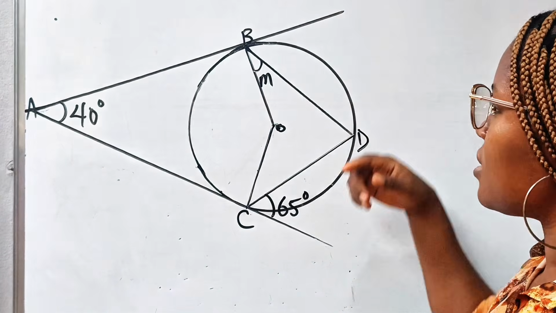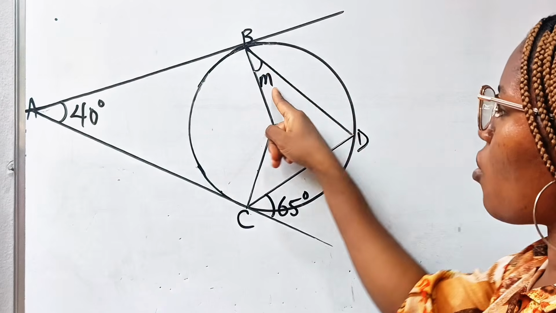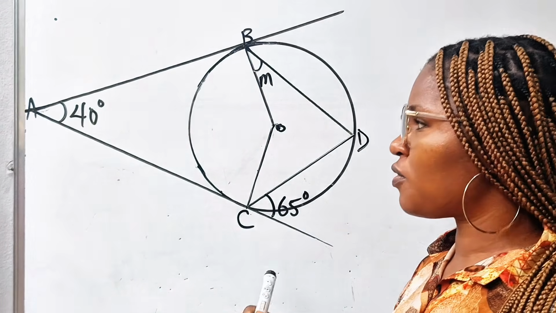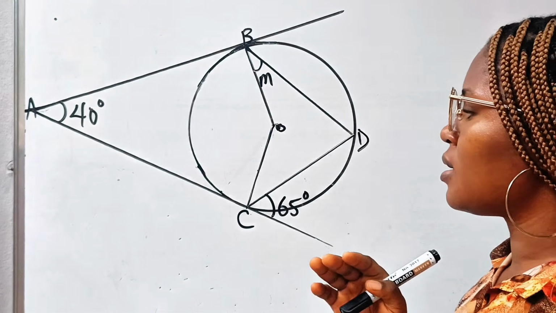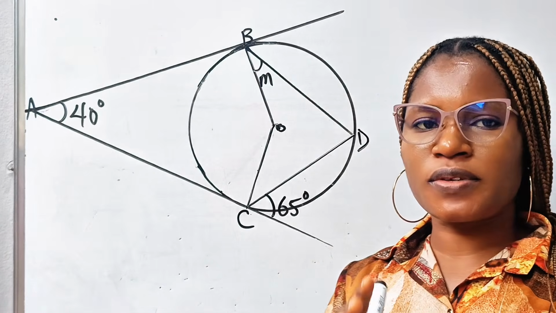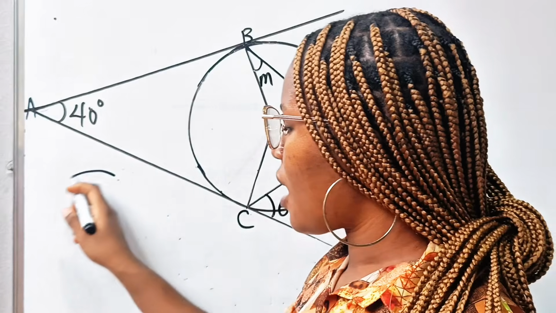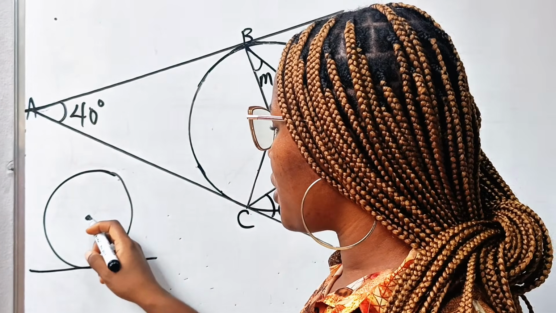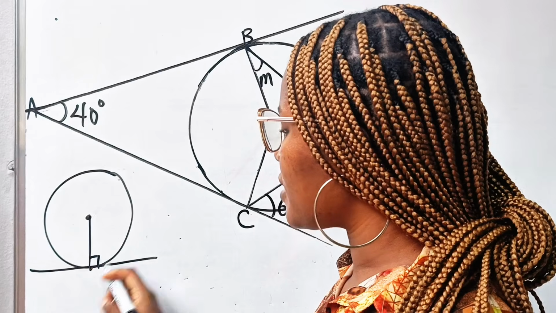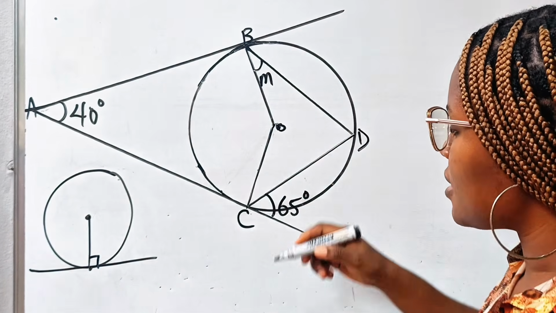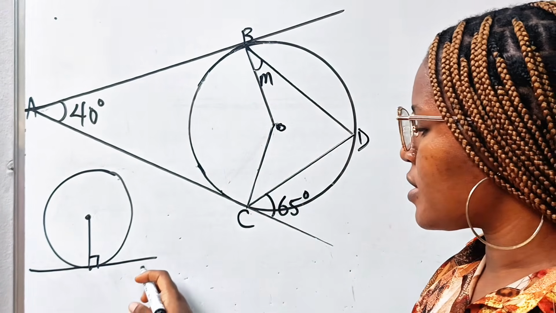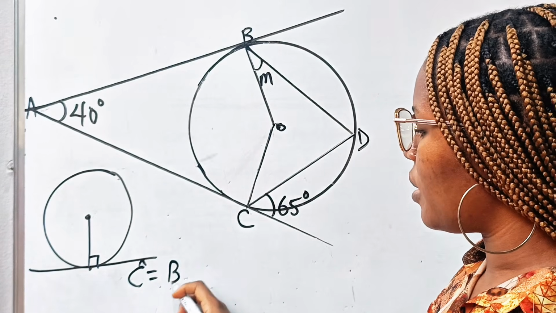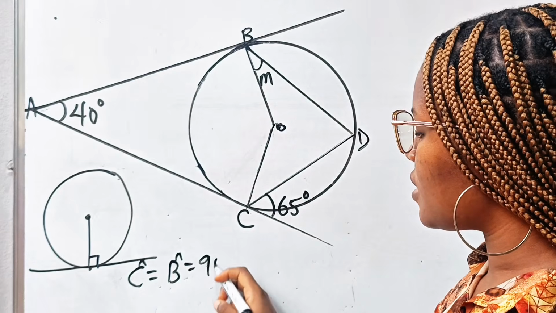Now the question said we should find the value of m, right? So first of all, using the particular theorem that I just said, that the angle between a tangent and a radius at its point of contact is 90 degrees, that simply means that angle C will be equal to angle B, which is equal to 90 degrees.